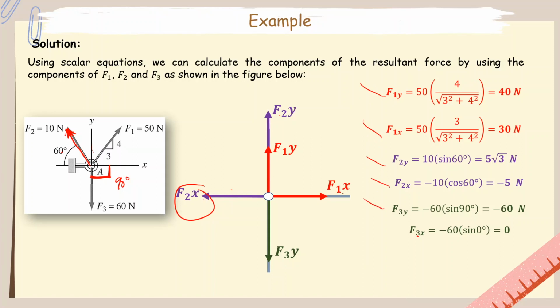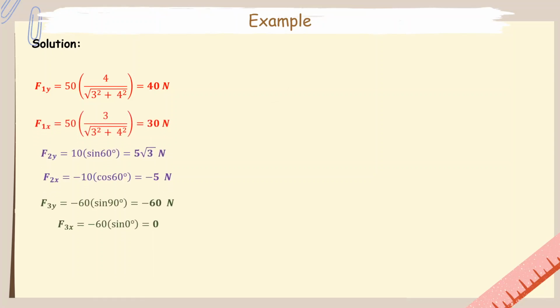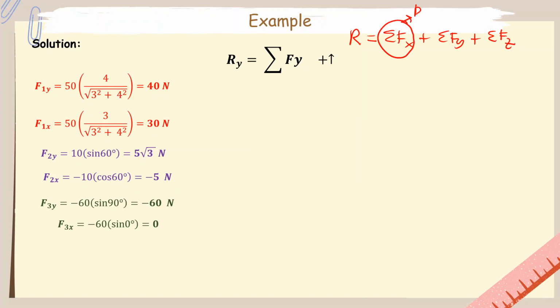So ano gawin natin next? Ang gawin natin next is i-combine natin ang mga like terms. So, unahin muna natin ang y component ng resultant. 'Di ba ang resultant is summation of Fx and Fy and Fz. So, this is the x component of the resultant.